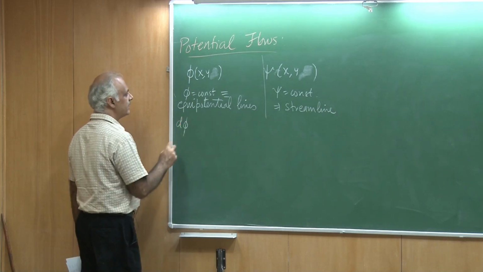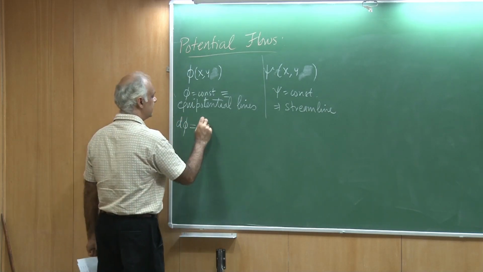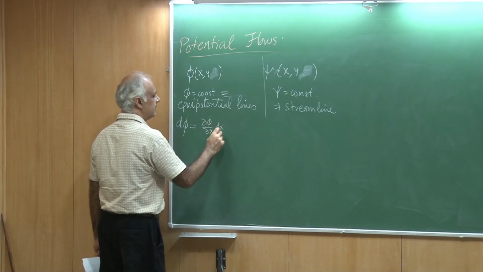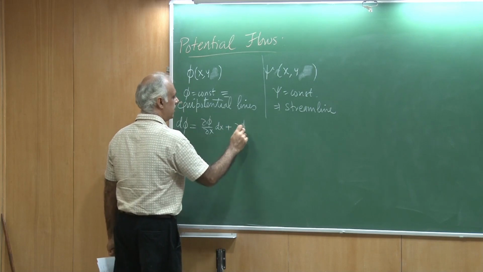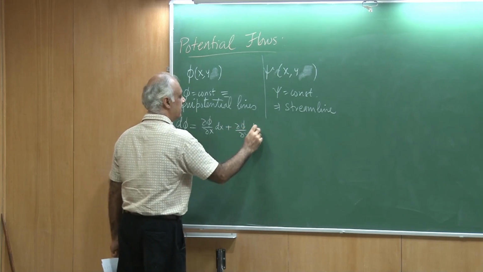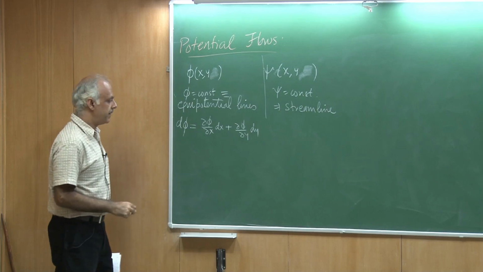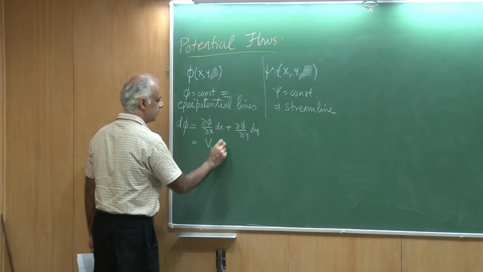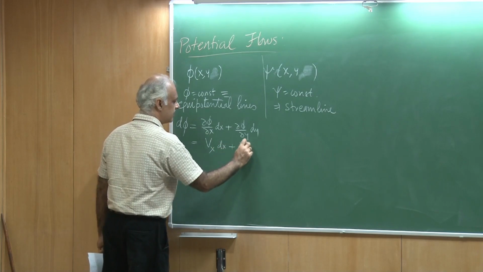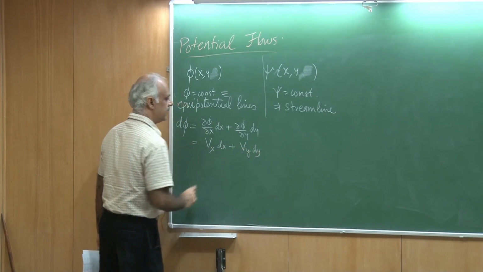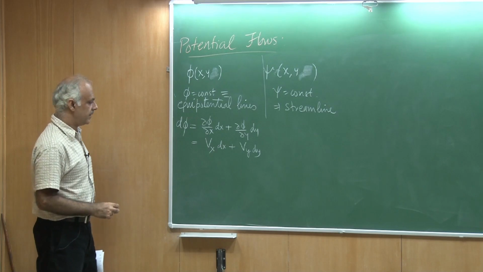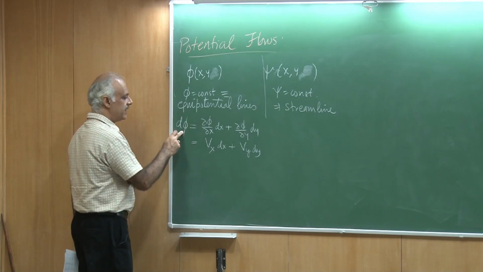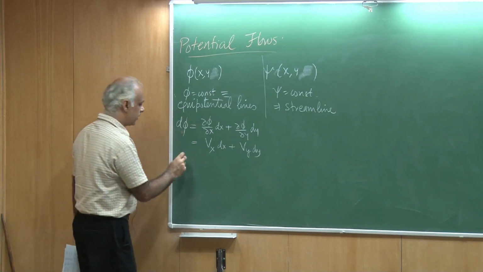Then d phi I can write as del phi by del x dx plus del phi by del y dy, and this of course is Vx as we know, and this is Vy dy. Therefore, if I take a line which is an equipotential line, then d phi is 0 along the equipotential line.